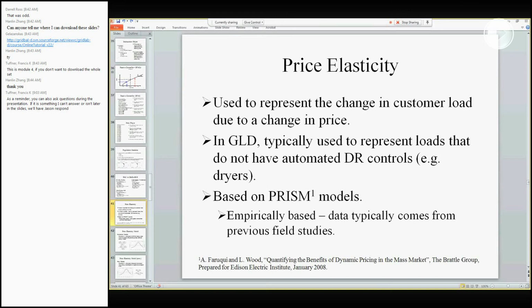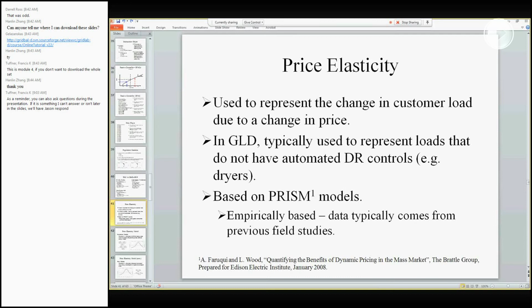But really what they've done is a very nice job of breaking it out into effectively, if your price changes from a low time of use price to a high time of use price, the amount of that change affects the amount the customer responds. So if you have a ratio of, say, 1 to 2 from your low time of use price to your high time of use price, you might get a certain response, whereas if you have a ratio of 1 to 5, we get quite a different response.